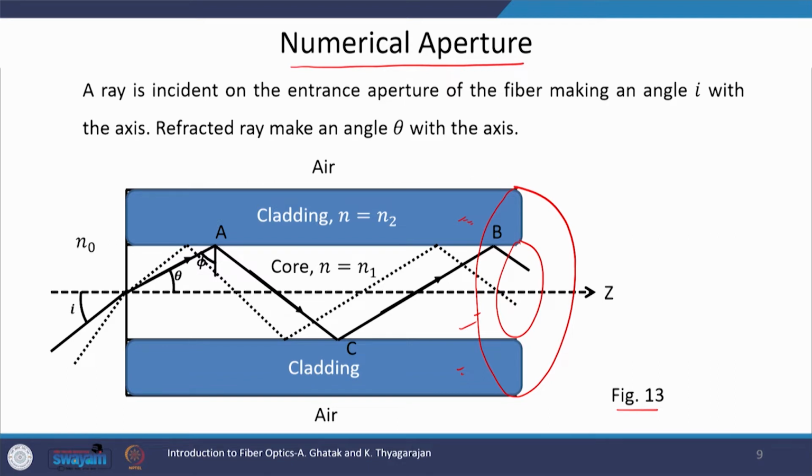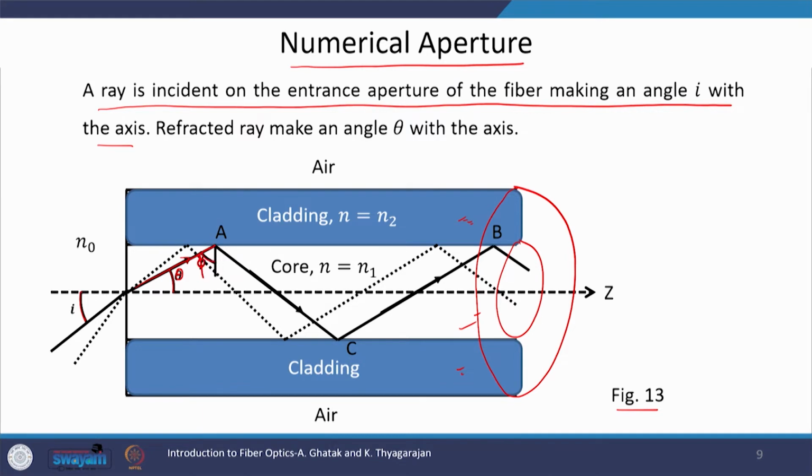Now, a ray is incident on the entrance aperture of the optical fiber, making an angle i with the axis. The refracted ray, say, is making an angle theta, and therefore this refracted ray within the core is incident at the core-cladding interface at angle phi here.